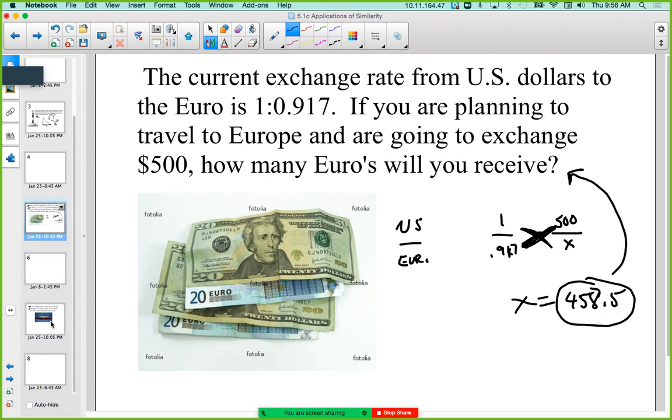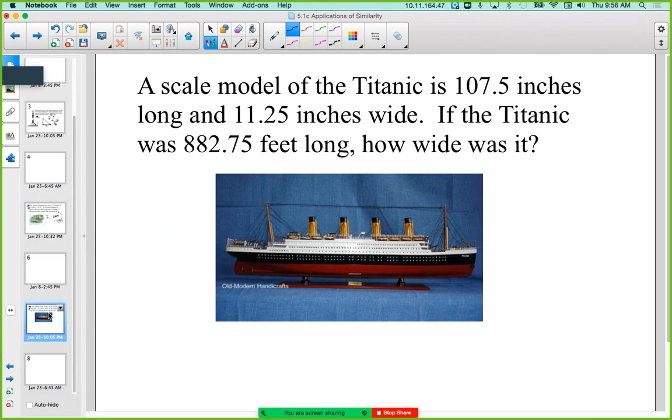All right. Last one. So this one involves a scale model. Now, this is three-dimensional. So you could say that this isn't a polygon that we are looking at, a similar polygon, but it kind of is, and I'm going to explain why. So it says a scale model of the Titanic is 107.5 inches long and 11.25 inches wide.